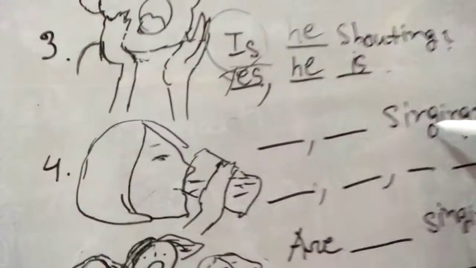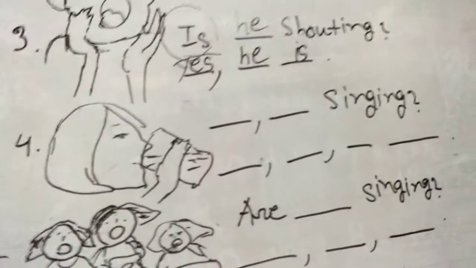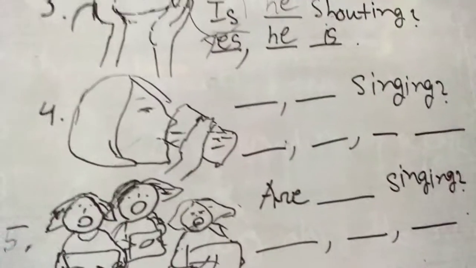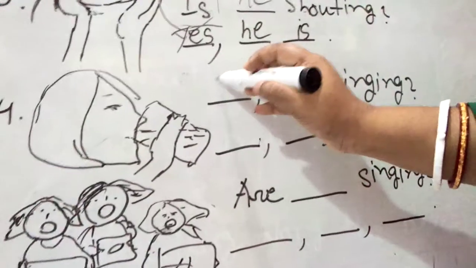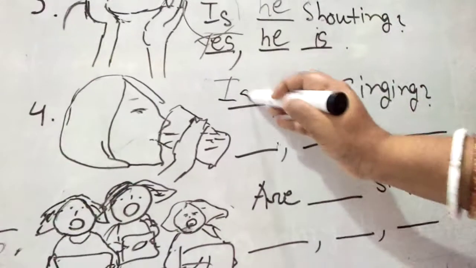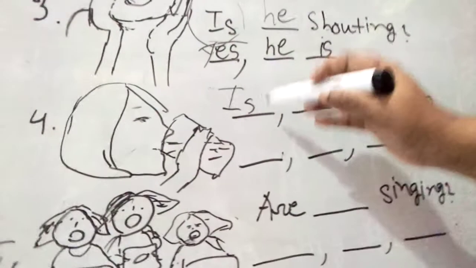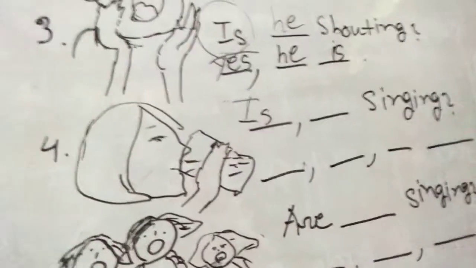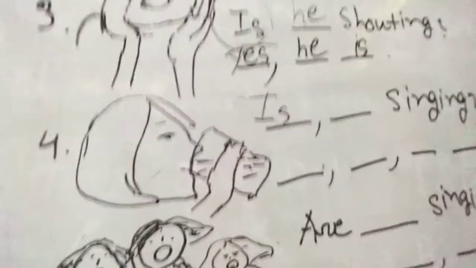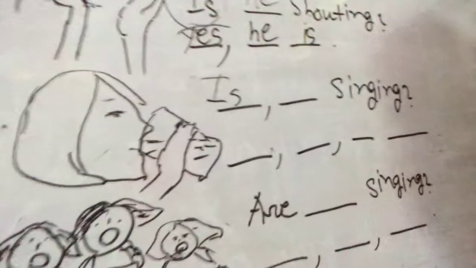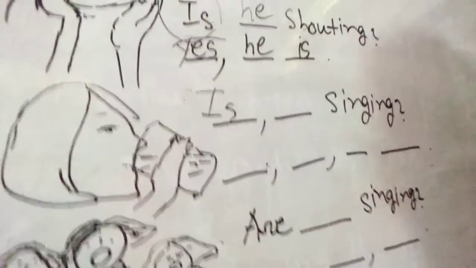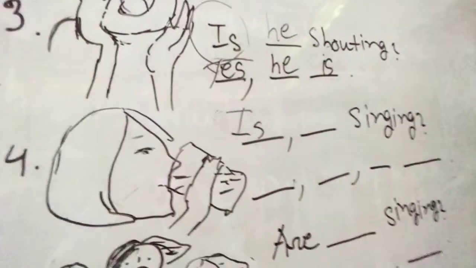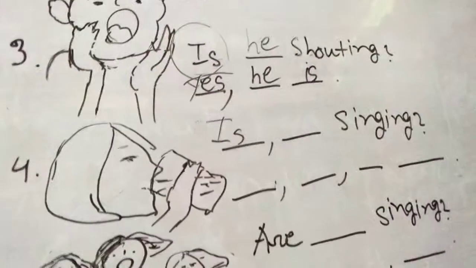As the first gap is about a question, we should put an auxiliary verb first. So the auxiliary verb is is. After is, what should I put as subject? He or she. If it is a girl, we put she. If it is a boy, we put he. As she is a girl, I have to put she.